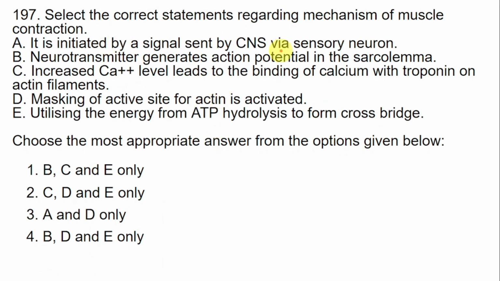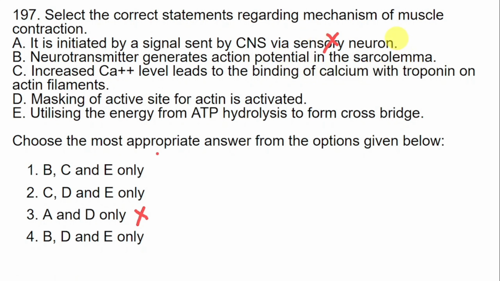197. Select the correct statement regarding mechanism of muscle contraction. Select the correct statements only. It is initiated by a signal sent by CNS via sensory neurons. Sensory is wrong. A is wrong. Neurotransmitter generates action potential in the sarcolemma.